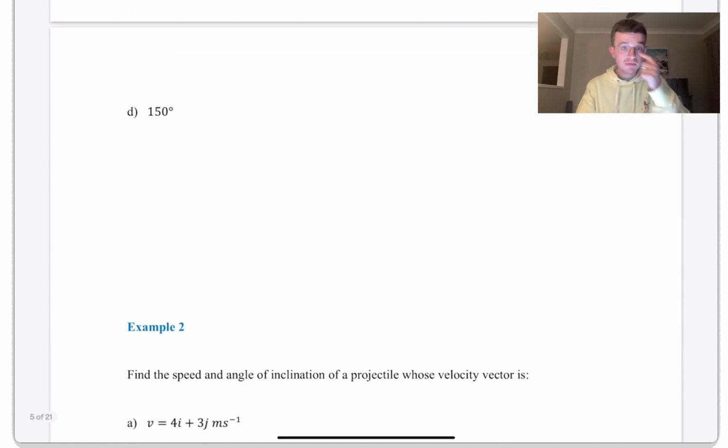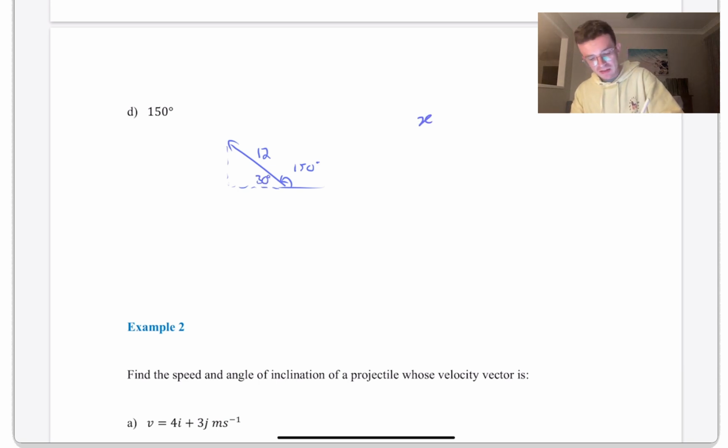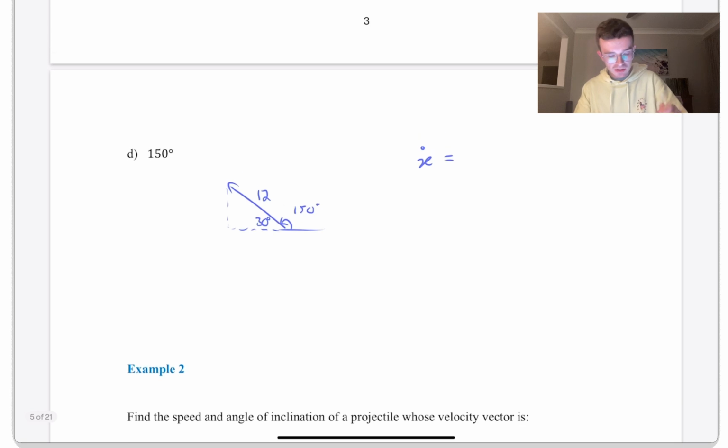Part D, 150 degrees. Well, that obviously is going that direction at 12 meters per second. That means this is 150 degrees, which means in our little triangle here, we're going to have 180 minus 150, which is 30 degrees. Now I'm not going to consider whether it's positive or negative at the moment, but our x dot is going to be 12 cos 30.